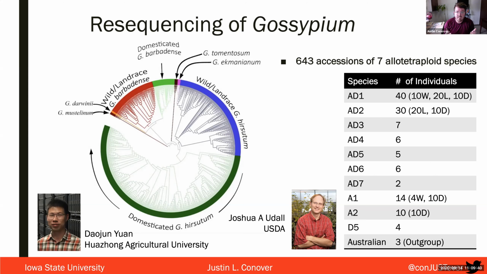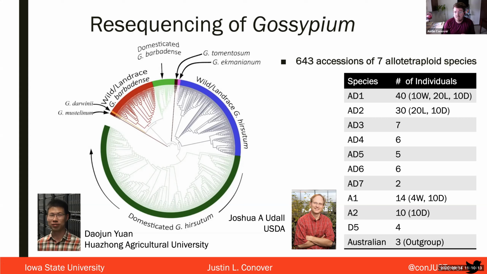So for this project, I sampled 40 individuals of AD1, which includes 10 wild individuals, 10 domesticated individuals, and 20 individuals from landrace populations that are somewhere in between wild and domesticated. For AD2, I had 30 individuals, 10 that were domesticated and 20 that were in landrace populations. Unfortunately, there's only a couple of wild accessions that anybody's found of AD2, but I didn't include them here because the sample size wasn't large enough.